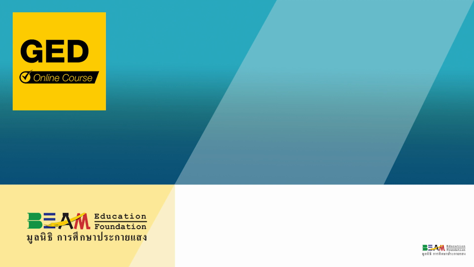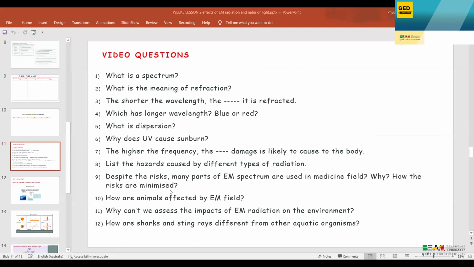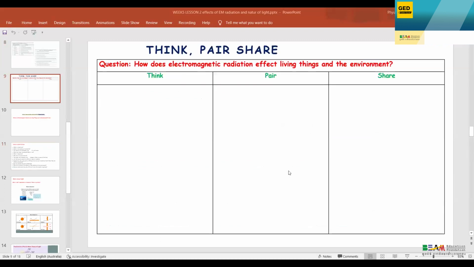Because of the X-ray, we can get disadvantages in our body, and then also because of the UV rays, we can get skin cancer or eye problems.